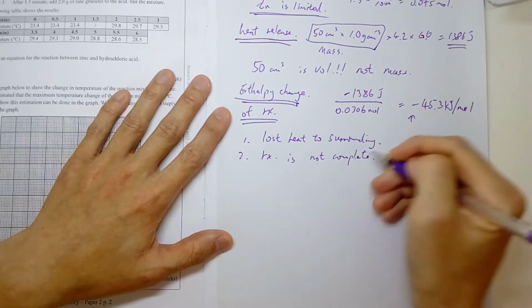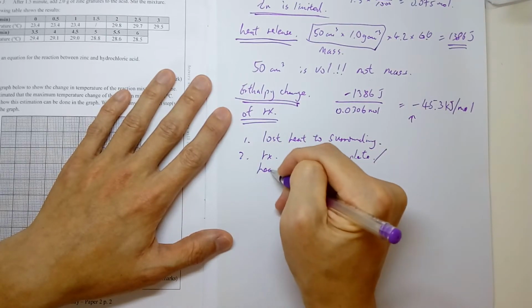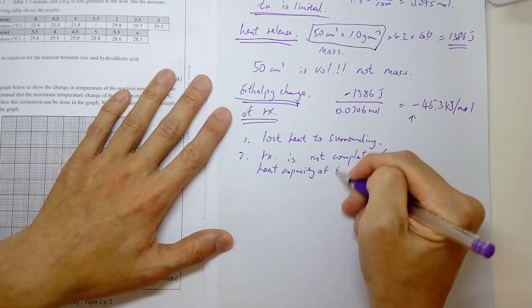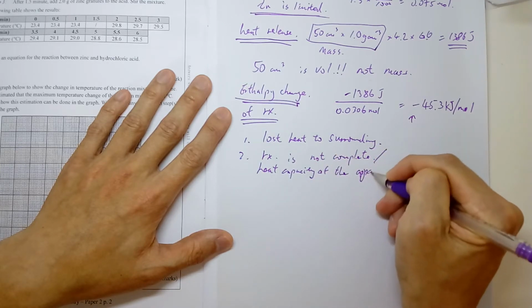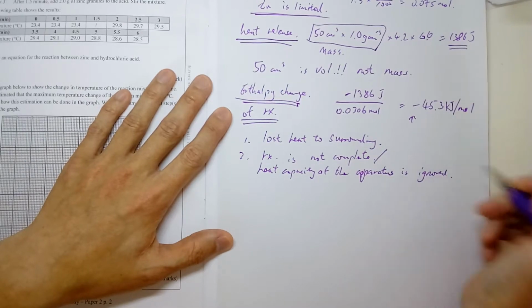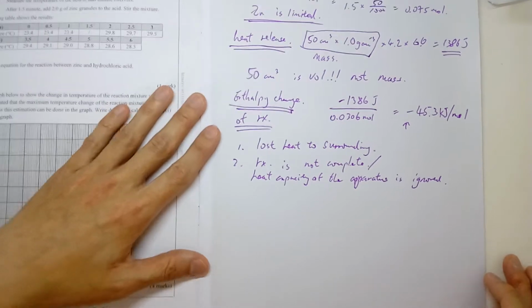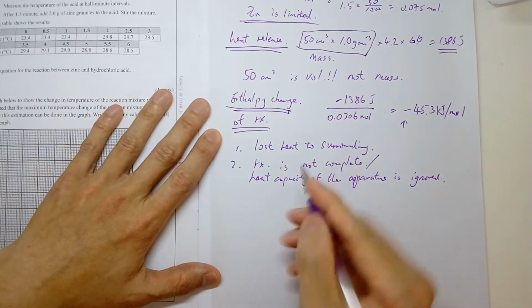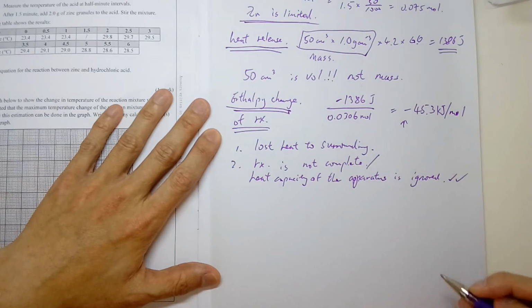Or a better idea is the heat capacity of the apparatus is ignored. We haven't counted the amount of heat energy used by the apparatus. So I think this one will be a better answer.